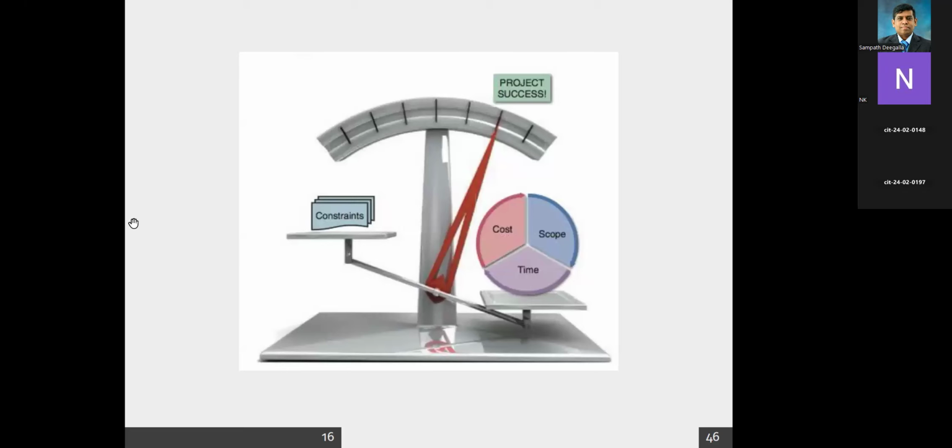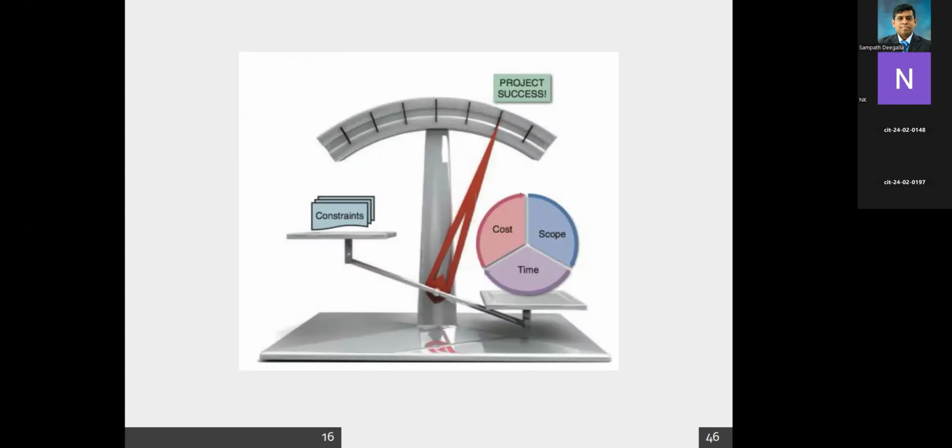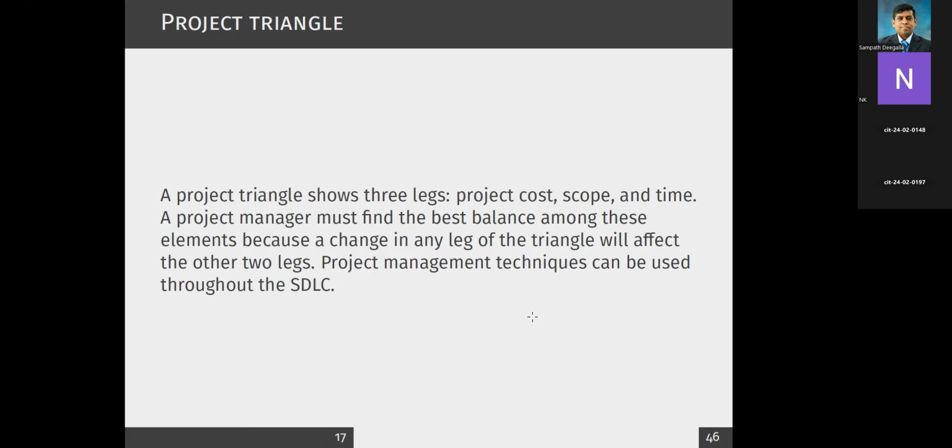So this graphic shows what we have discussed about project success. There are a lot of constraints, and then you have to compare the cost, scope, and time. This is the project triangle: project cost, scope, and time. We have to have a good balance of this.